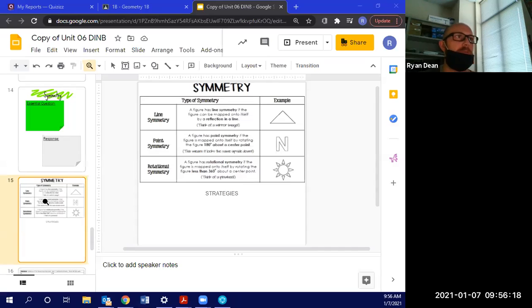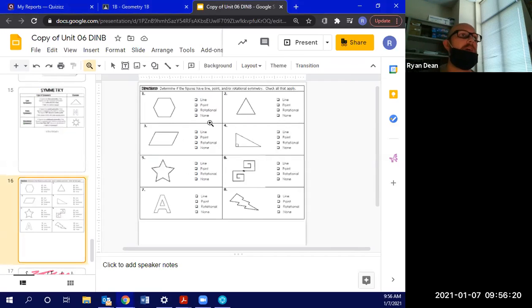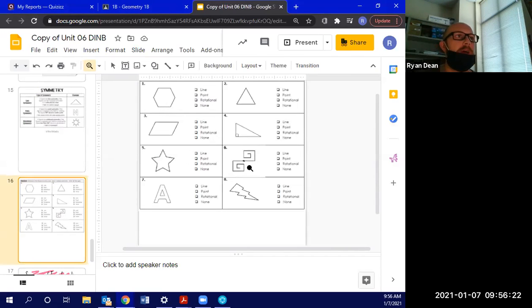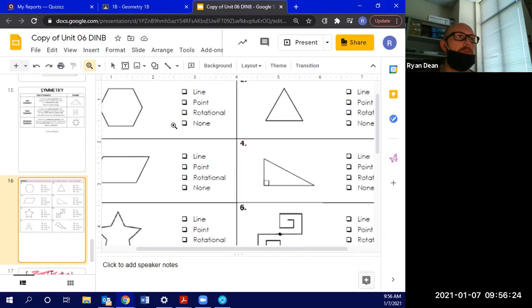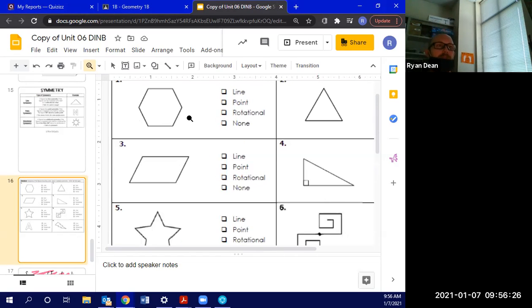If we take a look at some of these questions, you'll notice that some of them have multiple answers. If I take a look at this shape, the first thing that I do is I always check for line symmetry first. So the first question you have to ask yourself is, if I drew a line right here and I folded along this line, would I get the same thing on both sides?